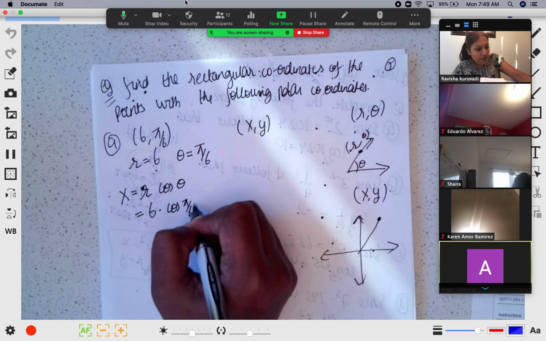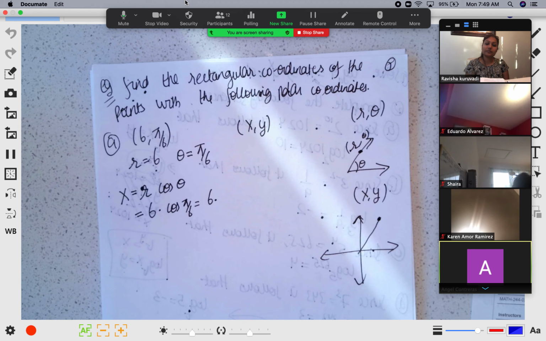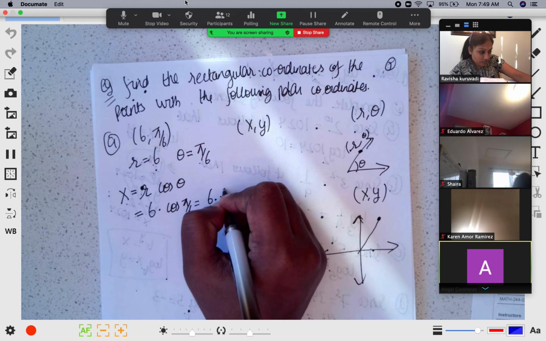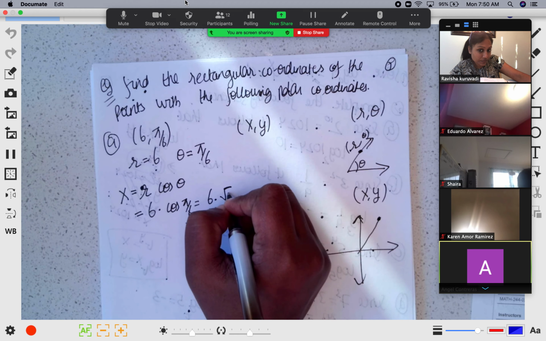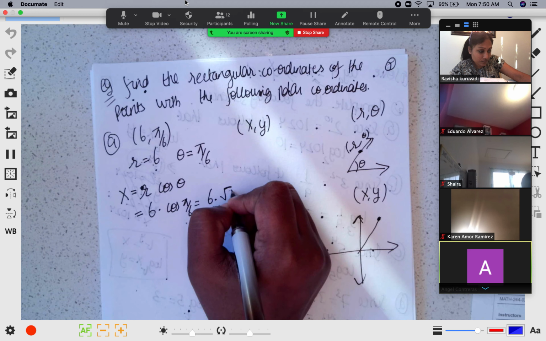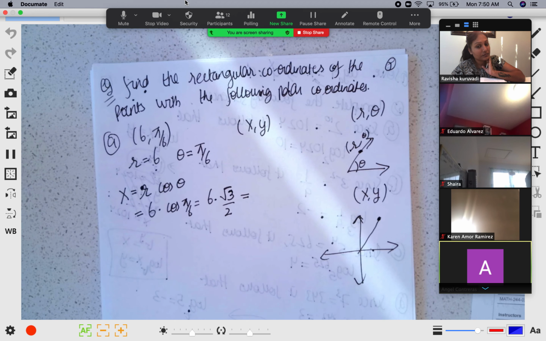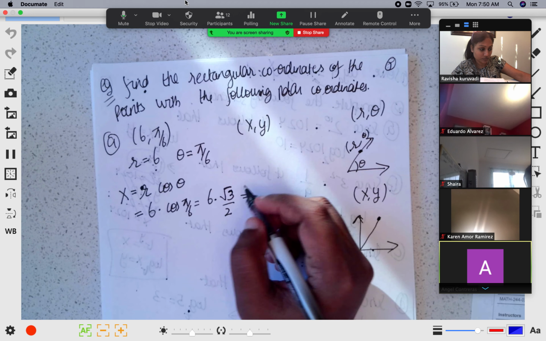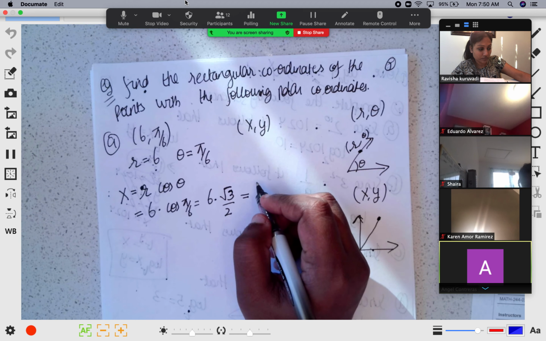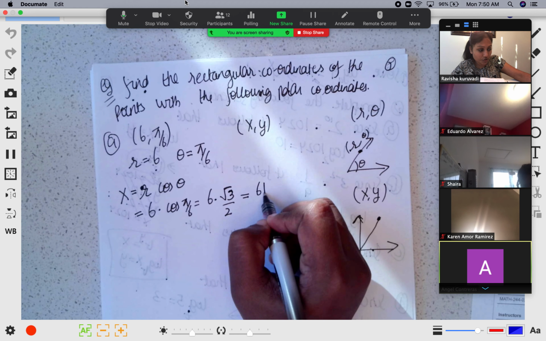What is cosine pi over 6? That's 30 degrees, so root 3 over 2. When you simplify, it becomes 6 root 3 over 2.